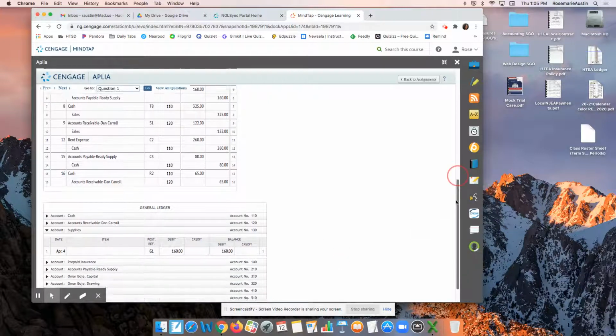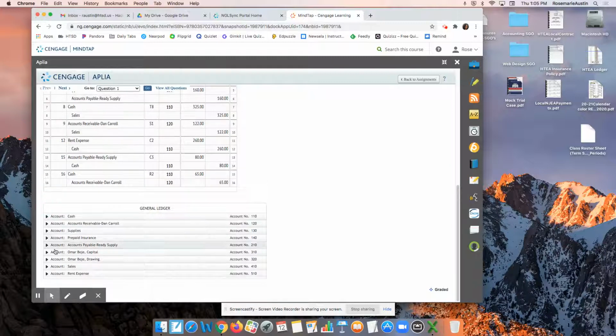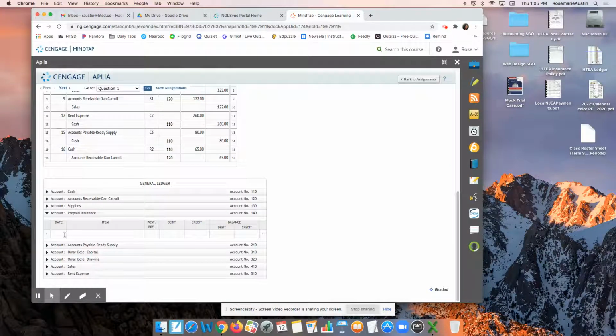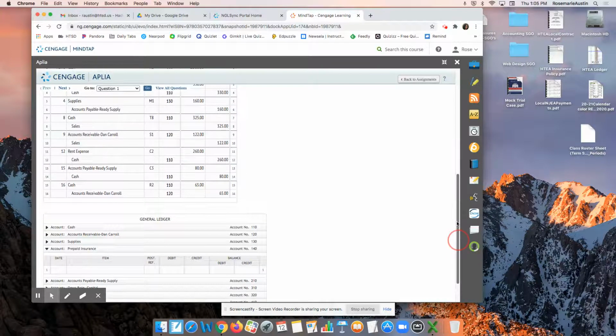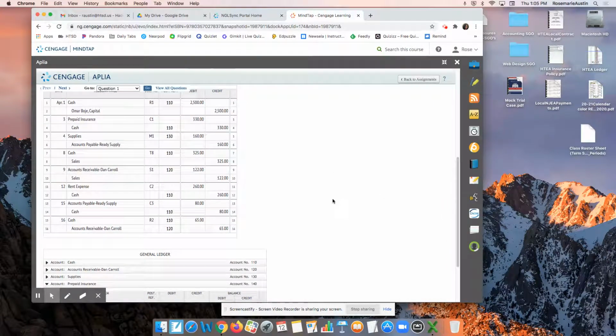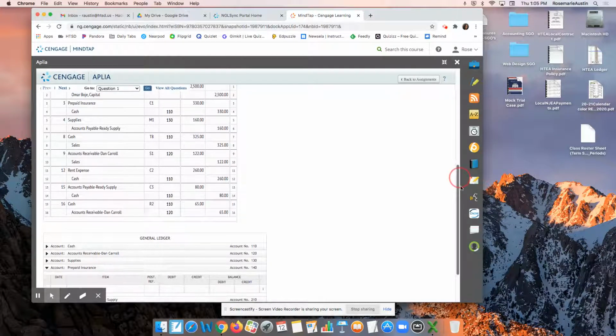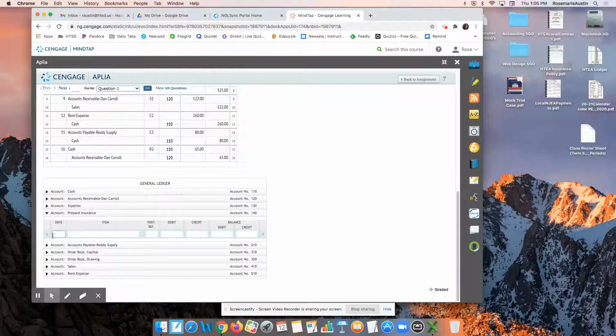That's that one, okay? Let's open up the prepaid insurance account. Again, we have one line available for us, so that's a big hint that we're only looking for one transaction. Here it is, April 3rd, prepaid insurance, a debit of $330. Let's put the date in first, April 3rd.